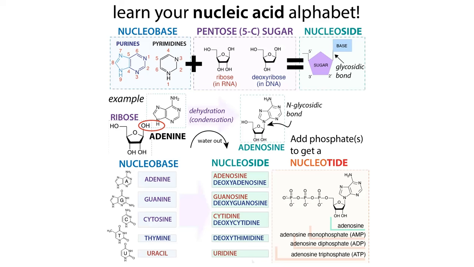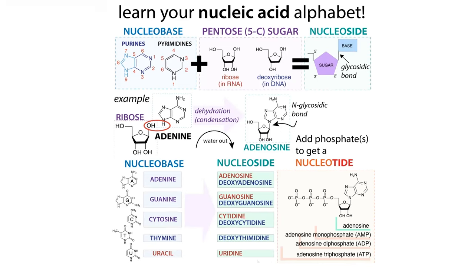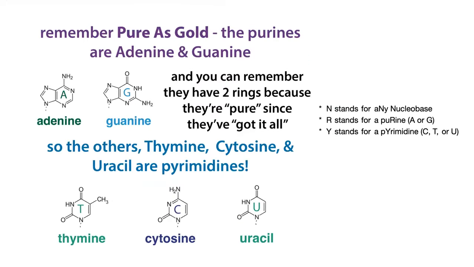So if we talk about how many phosphate groups it has, we would need to say the nucleoside triphosphate. So we typically just say AMP, ADP, or ATP. If we want to refer to any generic nucleotide, we can use the term NTP or dNTP, going back to the idea that we can use this N as a sort of filler for saying any nucleobase.